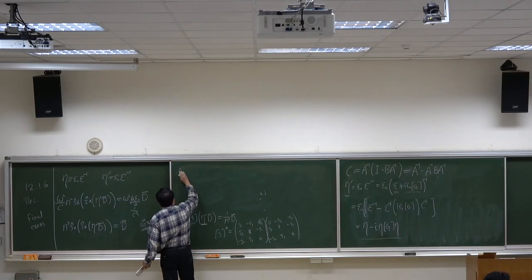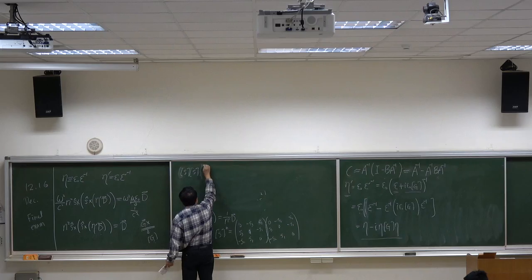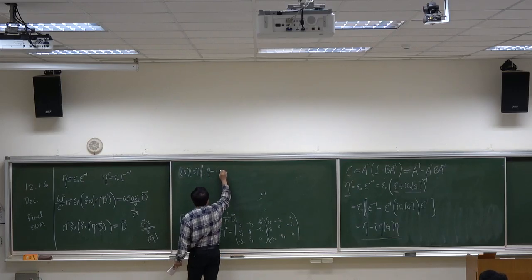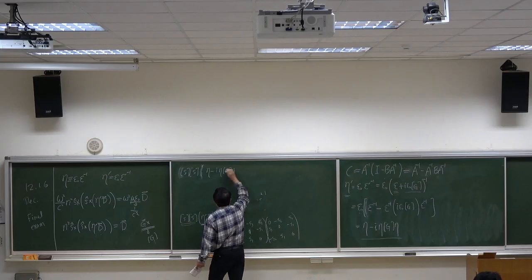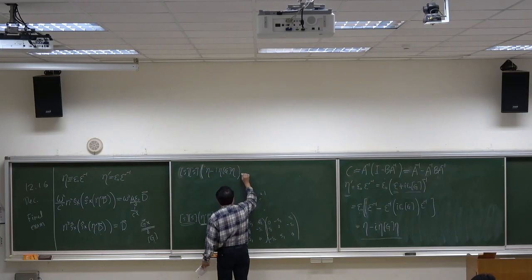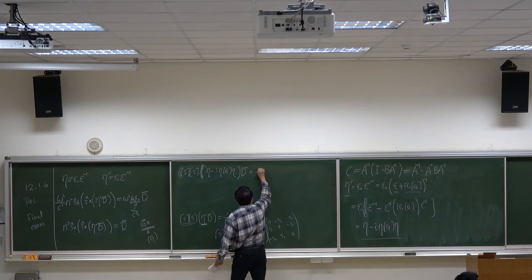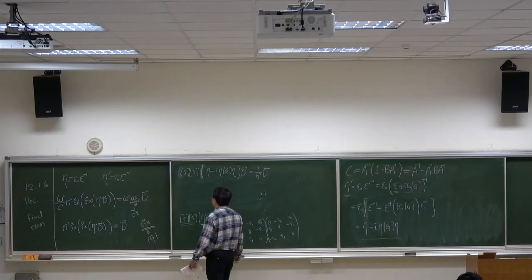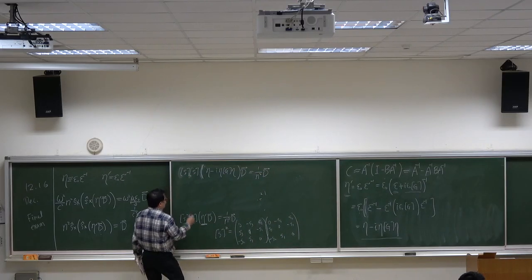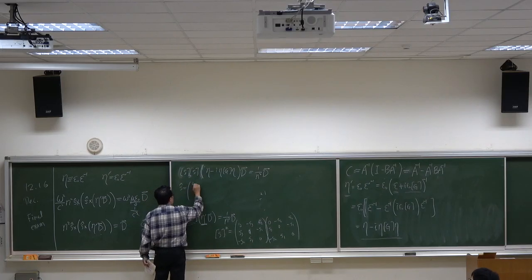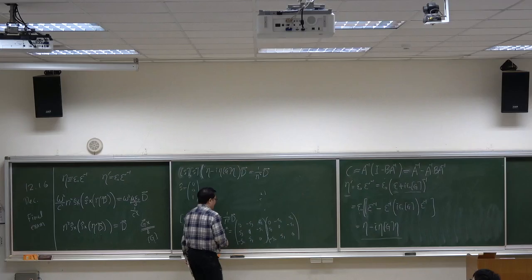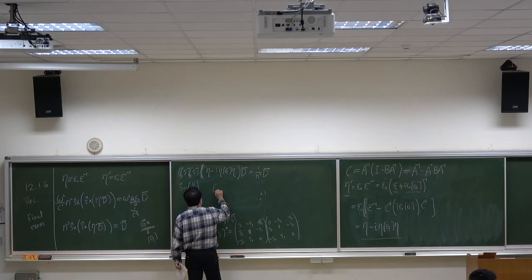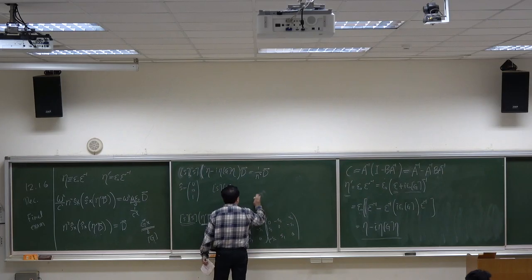So now we have this S times eta minus I eta G eta times D equal to 1 over n squared D. So now if we choose S to be along the third direction, only S3 survive, then S times S becomes this one.